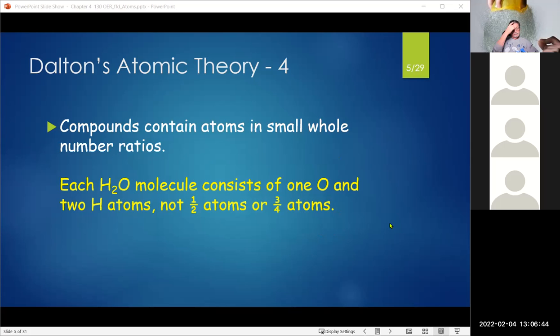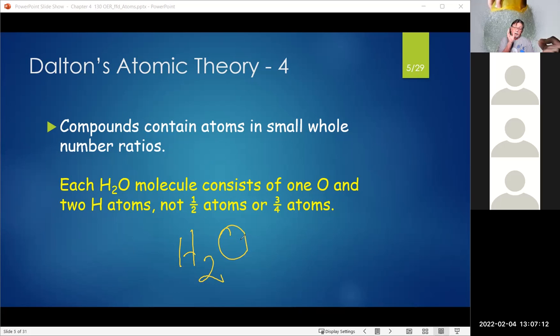Another aspect of Dalton's atomic theory is that atoms in compounds are in whole numbers. So for example, H2O, everybody knows it as H2O. We put a subscript, H2, which tells us there are 2 hydrogen atoms in a molecule of water.